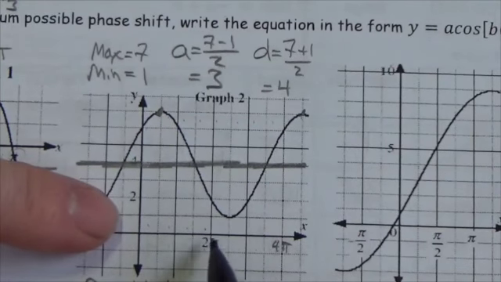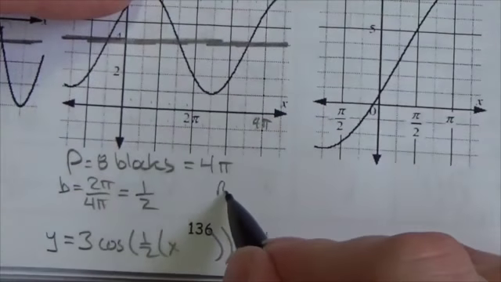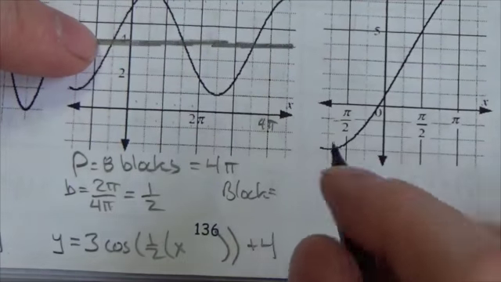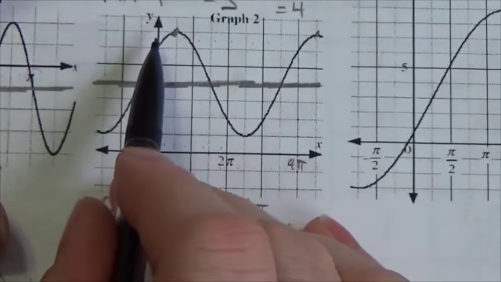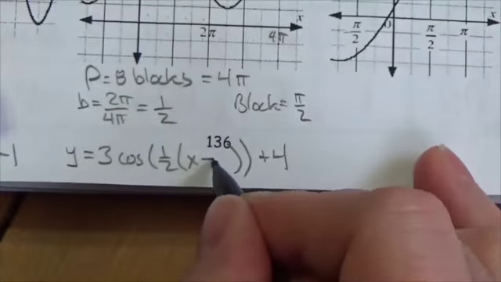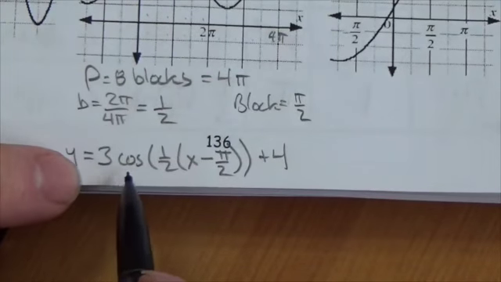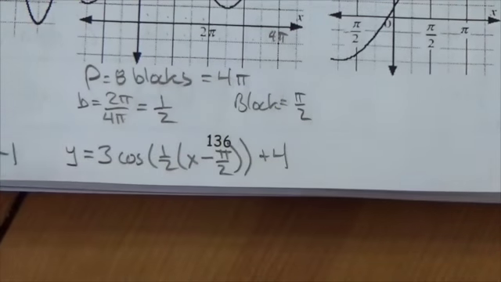There are 4 blocks to 2 pi, which means a block is 2 pi divided by 4, so a block is pi over 2. So this graph has been moved pi over 2 to the right. So in my equation, it's going to look like this, minus pi over 2. So y equals 3 cosine of 1/2 times (x minus pi over 2), close bracket, plus 4.